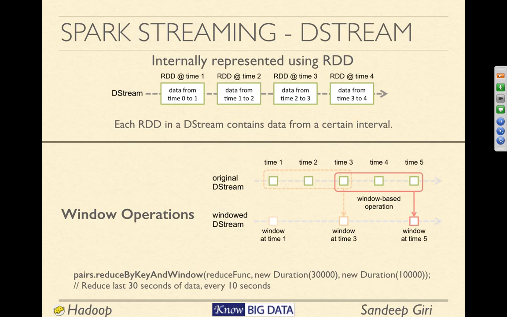You can see that there is an original stream coming in, time 1, time 2, time 3, time 4, time 5, while the output stream has only 3 elements. It's combining multiple elements together into a single window, right?